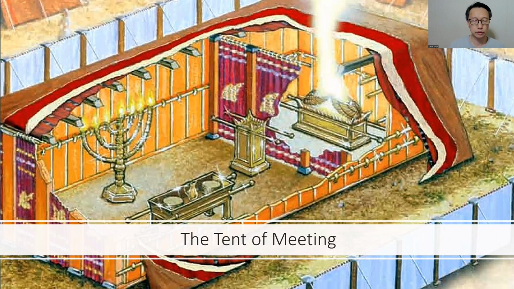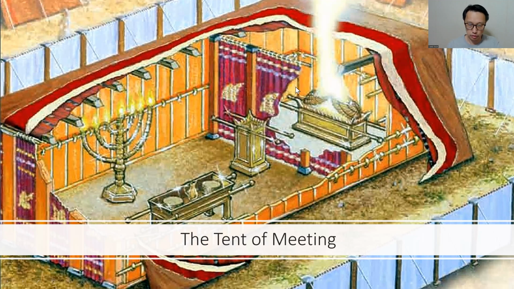again, this is the depiction inside the tent of meeting, in which, again, I want to bring your attention to the altar of incense right here. And also, here's the veil. This is the veil. Of course, in the real tabernacle, the veil is not broken.